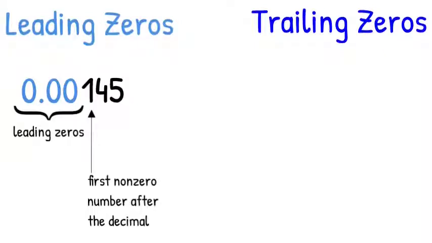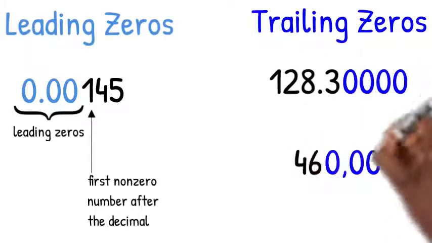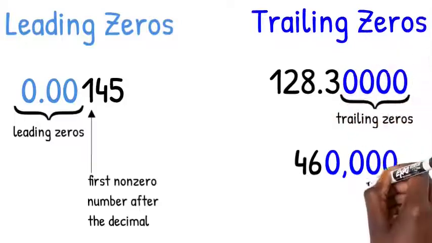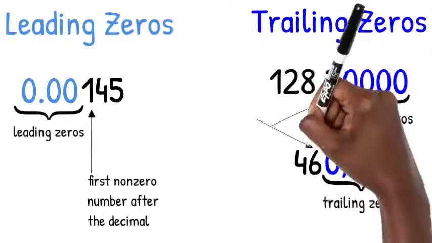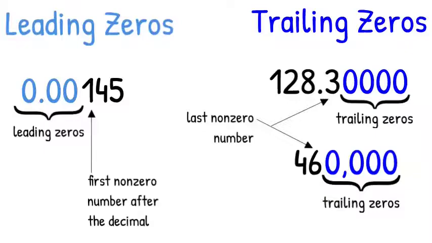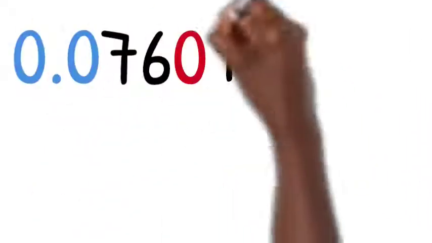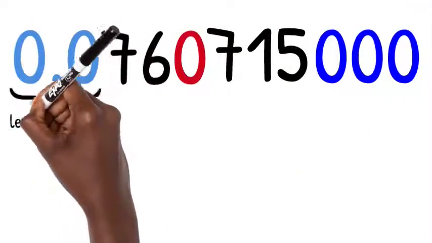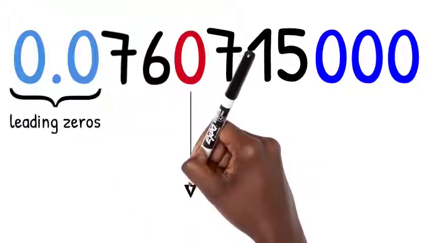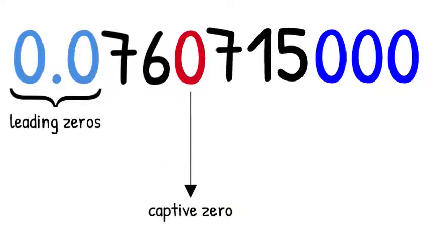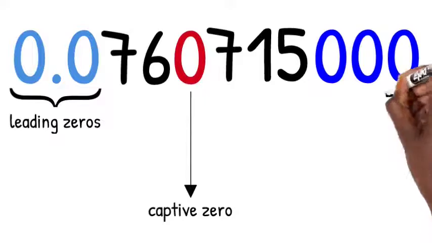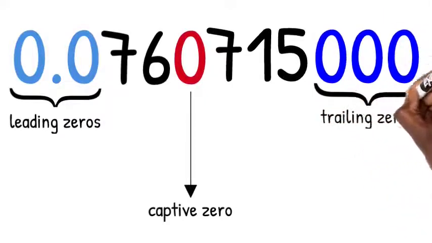Trailing zeros can be in numbers both with and without a decimal point. A trailing zero is any zero that occurs after the last non-zero digit in a number. To review, leading zeros can be the first digits in a number, captive zeros are located between two non-zero numbers, and trailing zeros can be the last digits of a number.